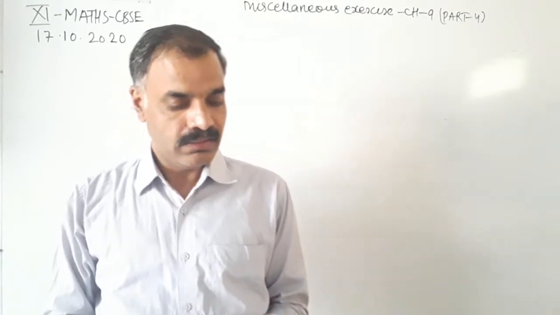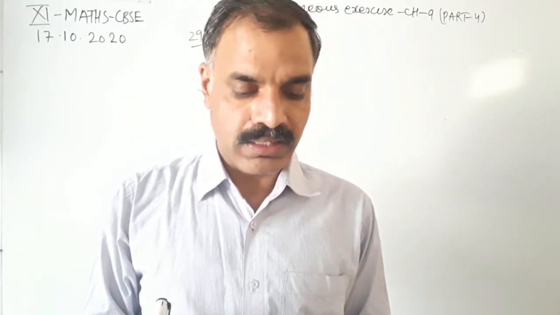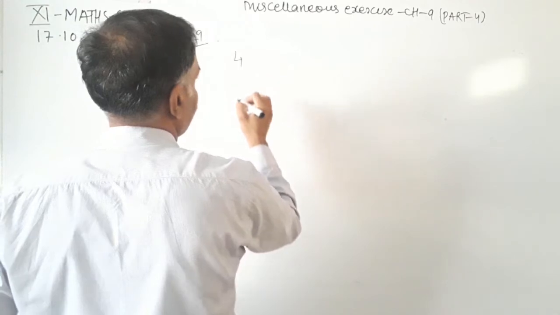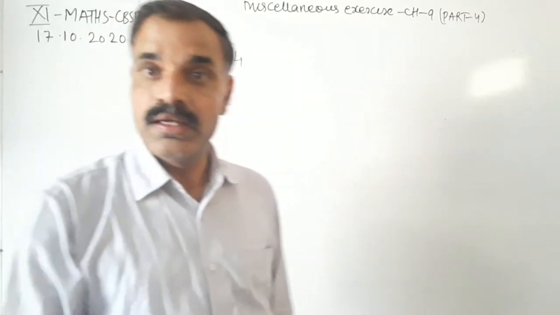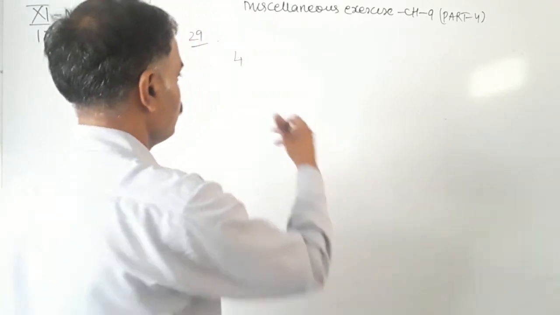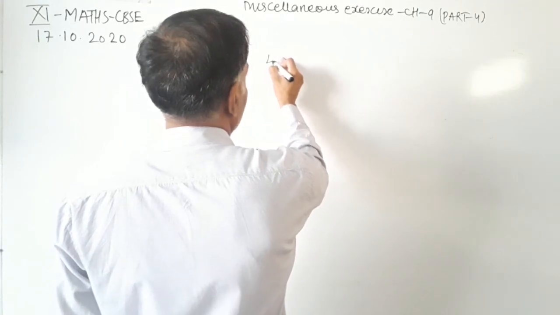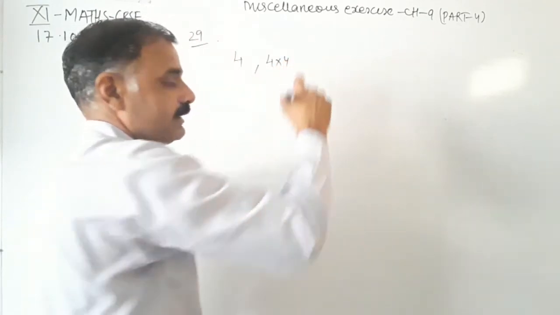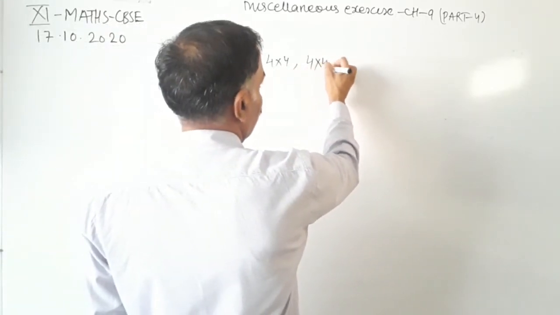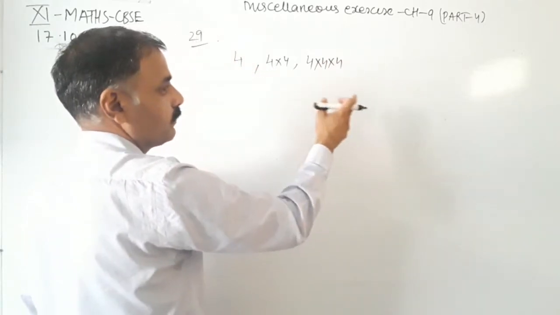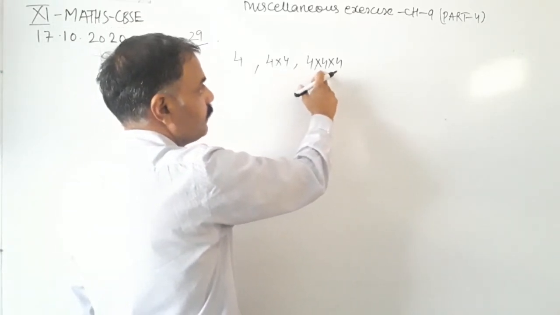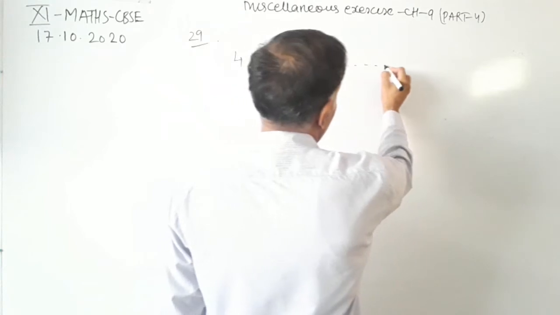Assuming that the chain is not broken, the first person writes a letter to 4 of his friends, and each friend will write 4 letters to 4 of his friends. So next will be 4 into 4. These friends will again write the letter to 4 of their friends. So the first set is of 4 letters, the second set is of 4 into 4 letters, the third set is of 4 into 4 into 4 letters, and so on.